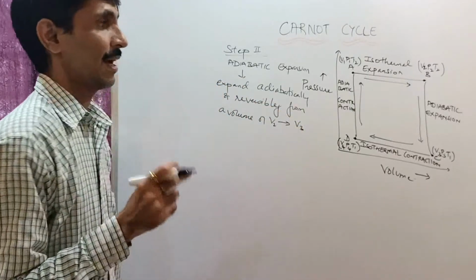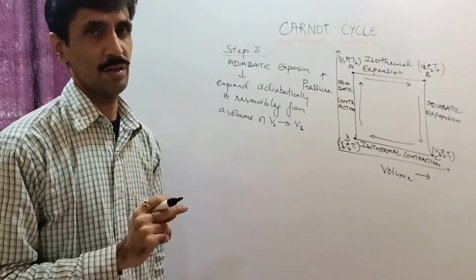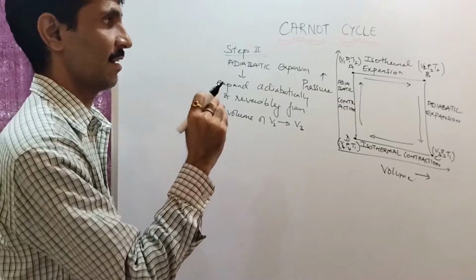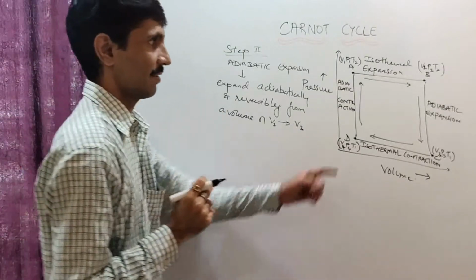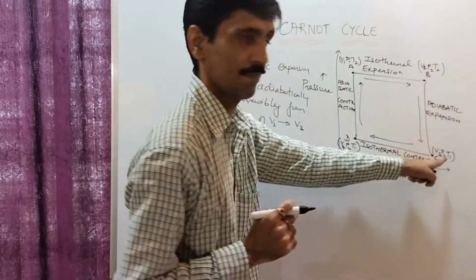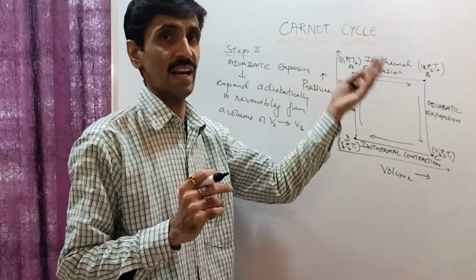As a result of adiabatic expansion, please remember that there is a decrease in temperature. That's the reason we have written T2 to T1. T1 is a lower temperature, T2 is a higher temperature.